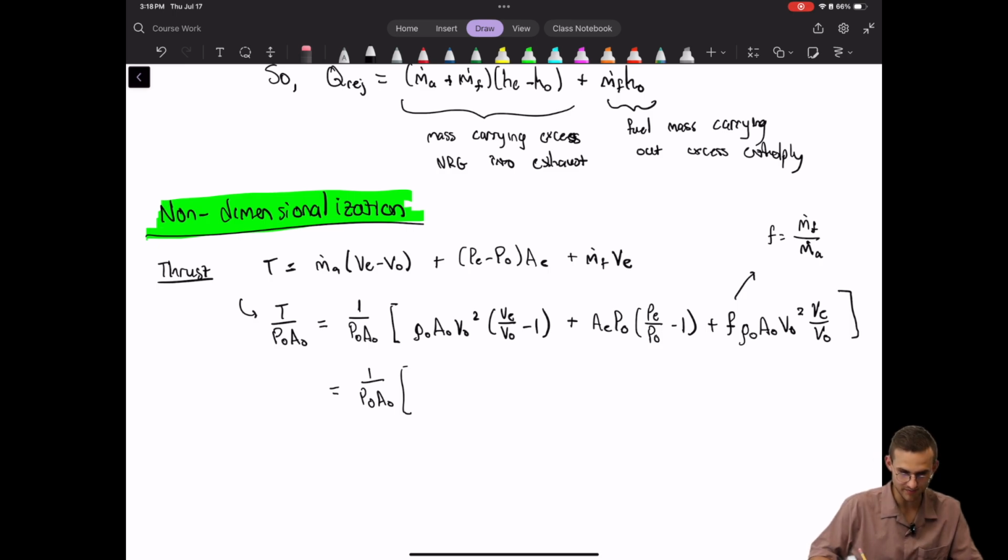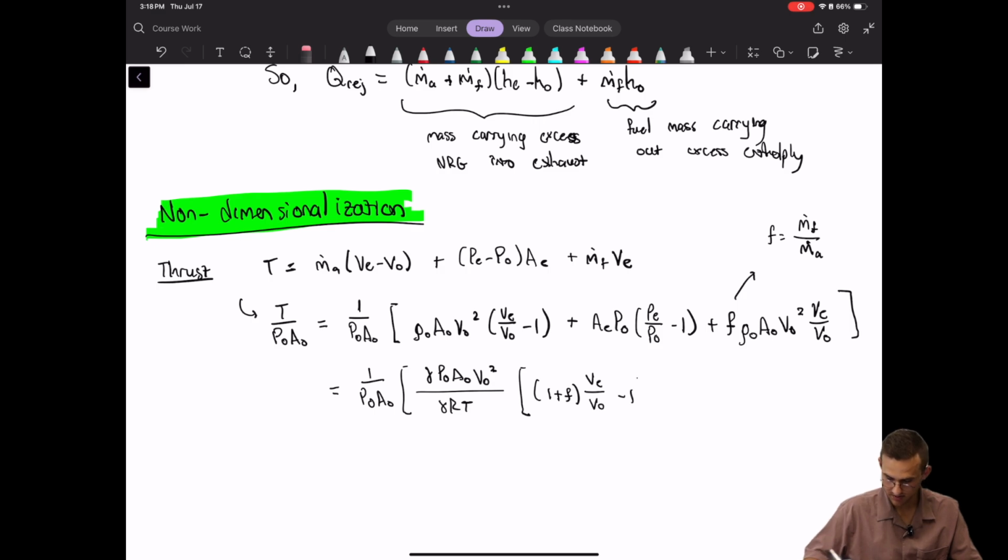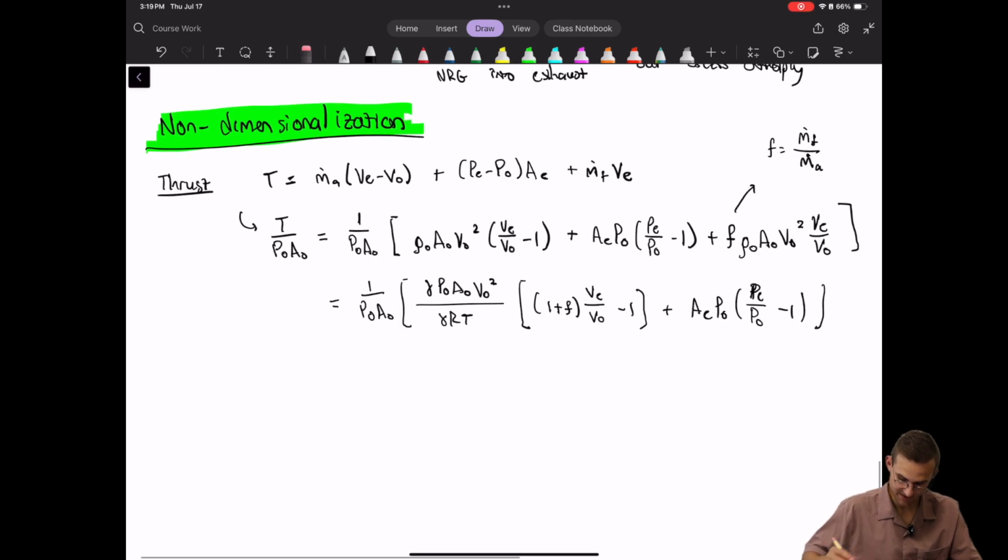So we'll have gamma P naught A naught V naught squared over gamma RT times this quantity 1 plus F VE over V naught minus 1 plus AE over A naught times PE over P naught minus 1. Okay, then we're going to have this guy cancel with this.